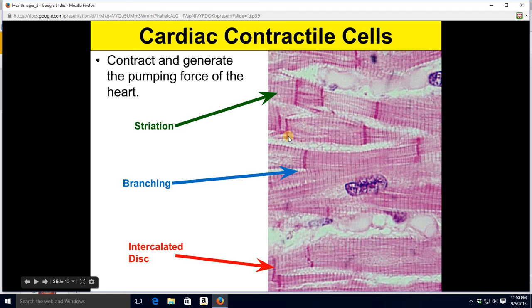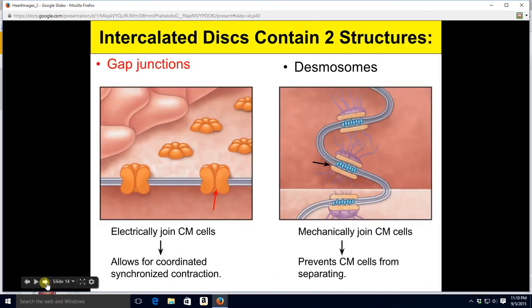And most importantly, perhaps, we see these reddish vertical structures. These are the intercalated discs. And these intercalated discs link cardiac muscle cells together in two important ways. In the intercalated discs, we have passageways made of proteins that span the cytoplasm of one muscle cell and the cytoplasm of another. This allows ions to flow from cell to cell.